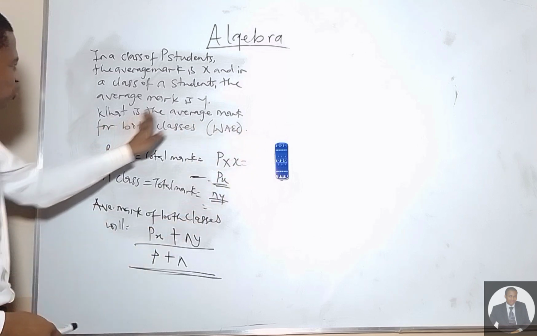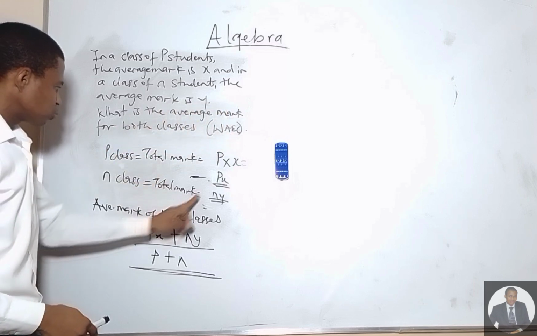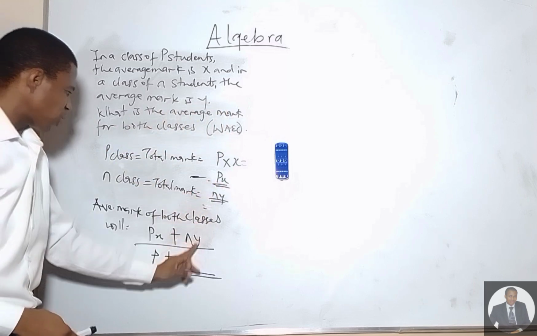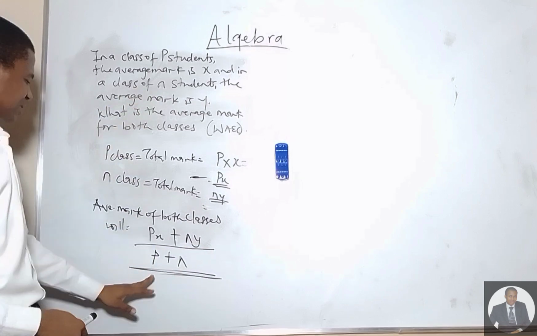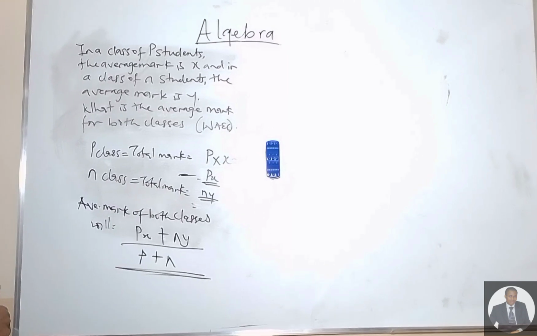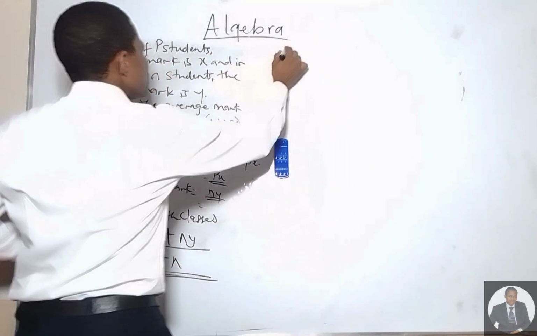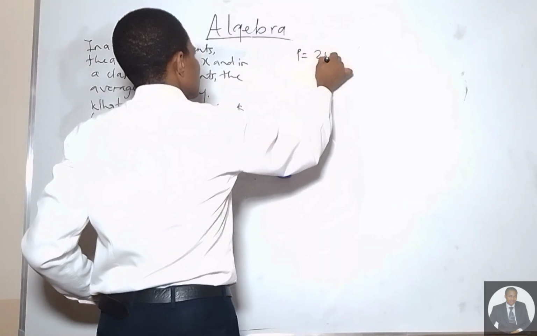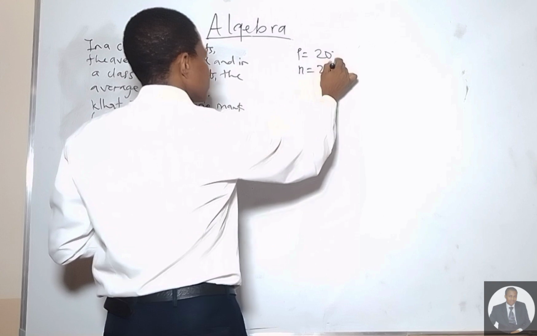Now, to find the average of both classes, we'll divide the total marks of both classes, which is PX plus NY, by the total number of students in both classes, which is P plus N. For instance, let's say P is 20 and N is 25.